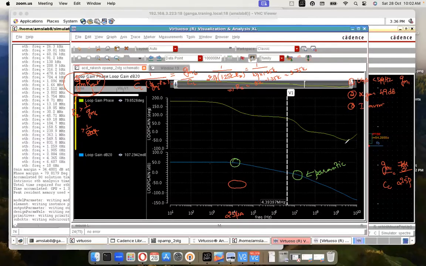But the zero that we introduced is probably canceling one of the poles, the output pole already. And hence we could get a much better phase margin. This phase margin is 78, 79 degrees, which is quite good, right? Any question?